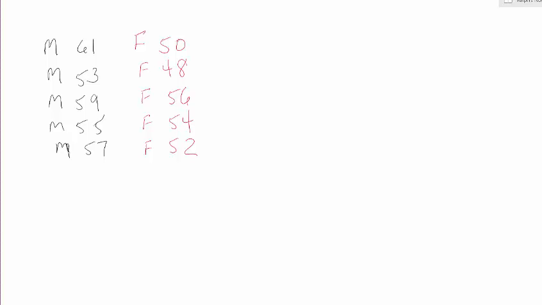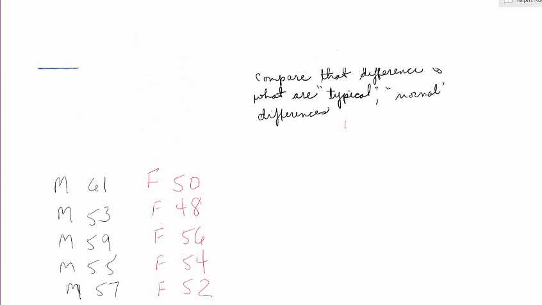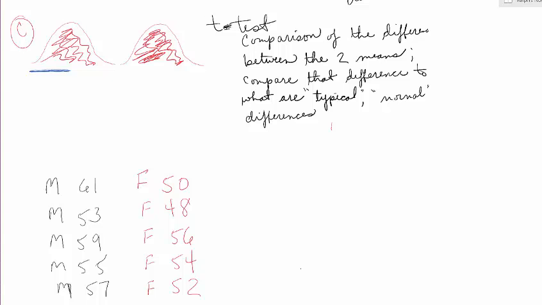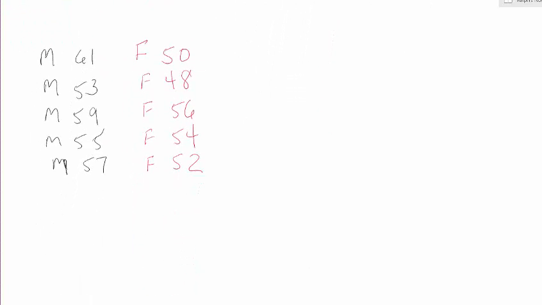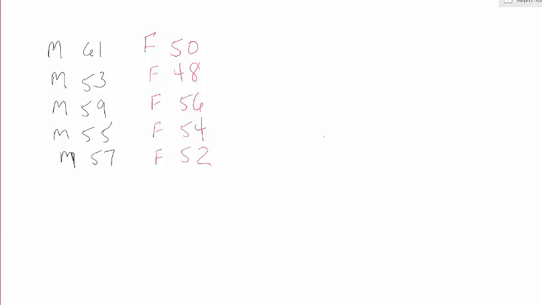So in this case, it's males and females. Okay, now let's look at what we're trying to do. We're trying to compare the differences between the two means of the groups and compare that difference to what are typical or normal differences. From what we know about statistics, we're able to do that.